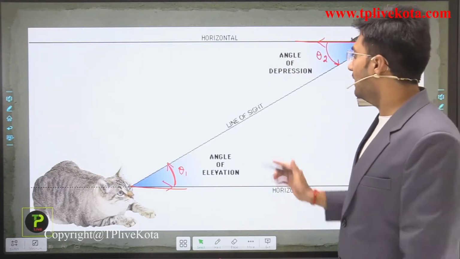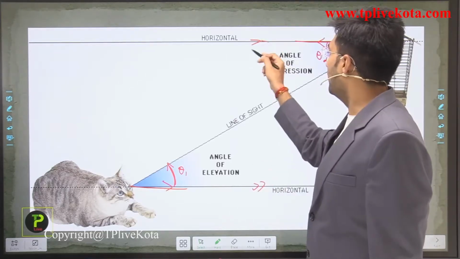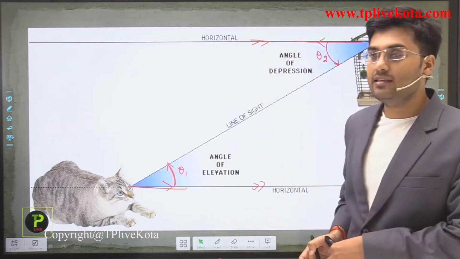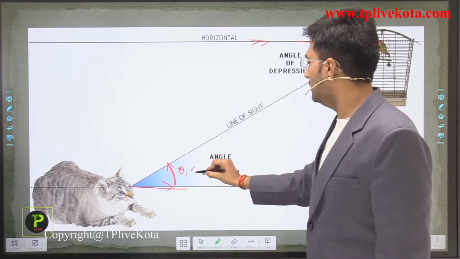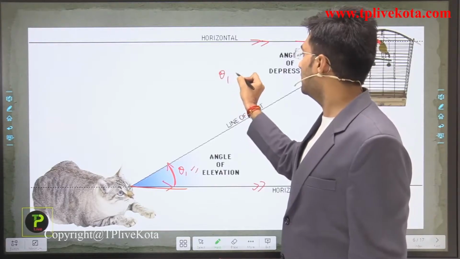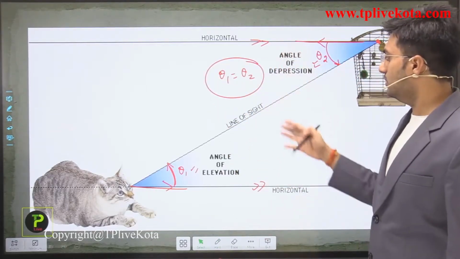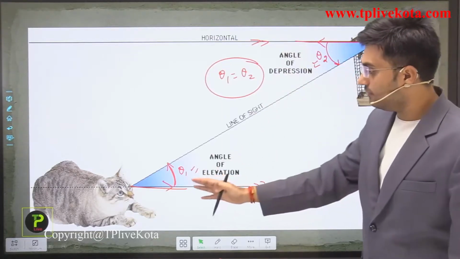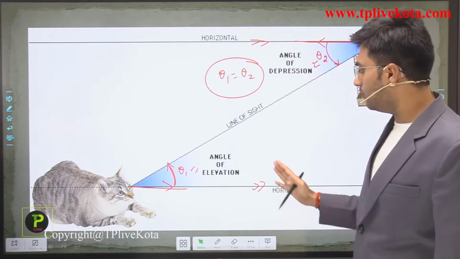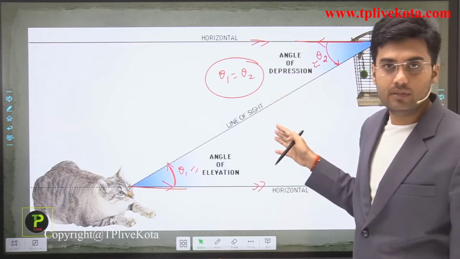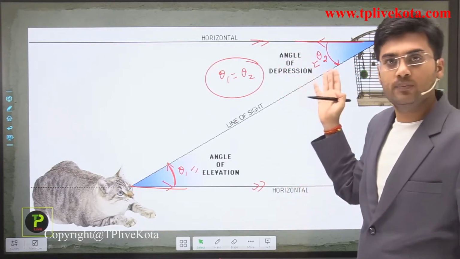And students, here this line and this line are parallel, so we can say that theta 1 is equal to theta 2. So if we have a cat and a bird, the angle of depression and angle of elevation are both the same. Why are these the same? Because these horizontal lines are parallel to each other.